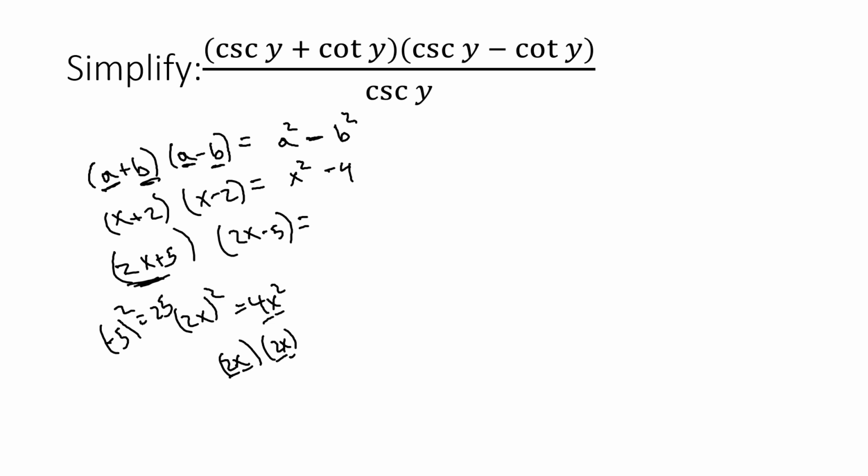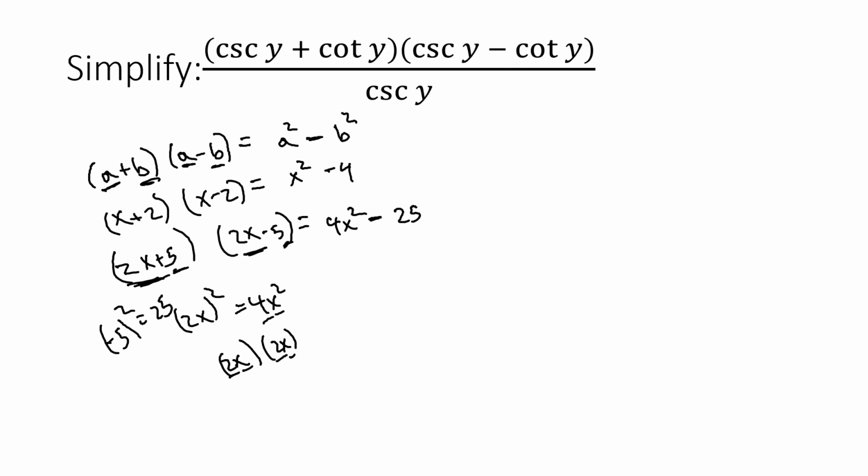So 2x squared would give us 4x squared. 5 squared would give us 25. And then we would just stick a subtraction sign in between. You can check it yourself by foiling everything out, but that would be, again, a ridiculous waste of time. So we just need to know our algebra. Anytime you're multiplying conjugates, it's going to be the difference of squares.